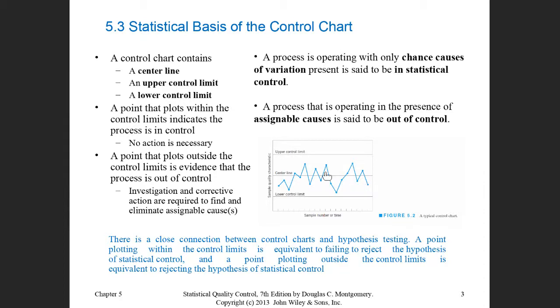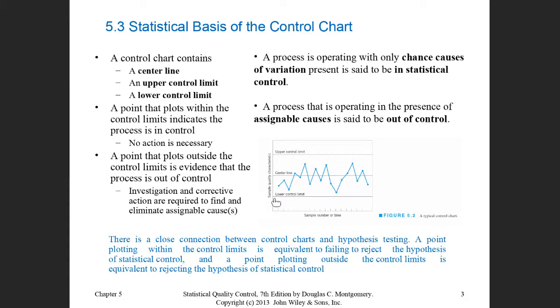However, if points exceed the control limits, we call that special causes or assignable causes, and that means the process is out of control. In that case, investigation and correction are needed to eliminate the assignable cause. The assignable or special causes are present when the process is out of control; the chance or common causes of variation are present when the process is within the control limits.